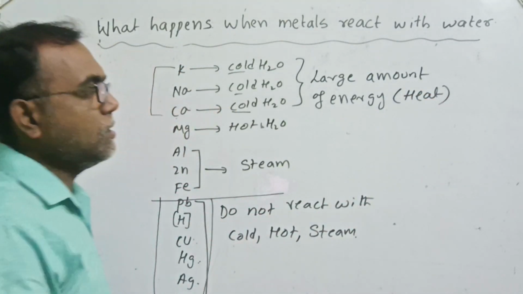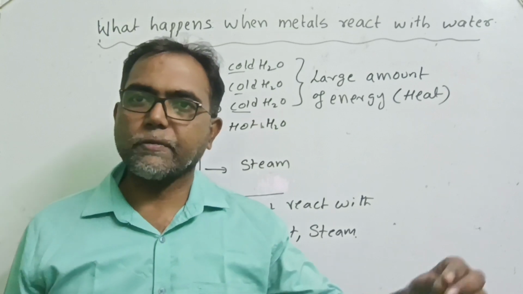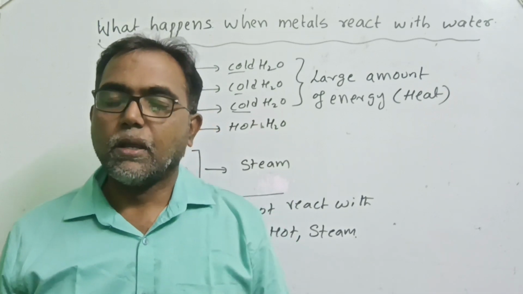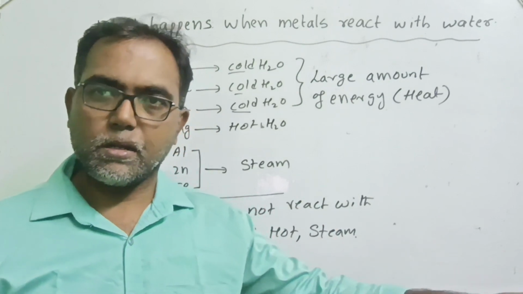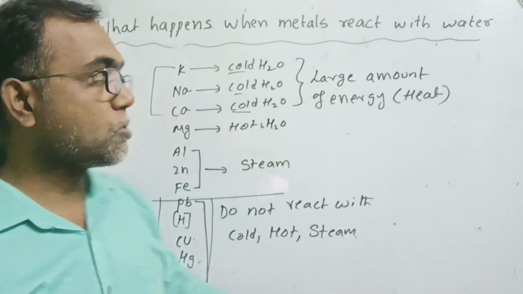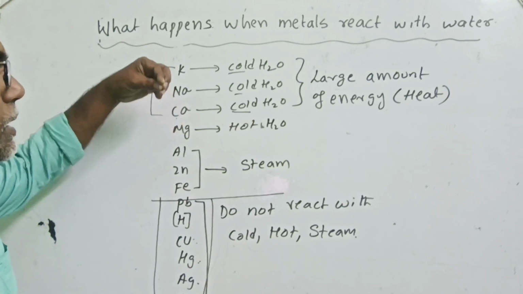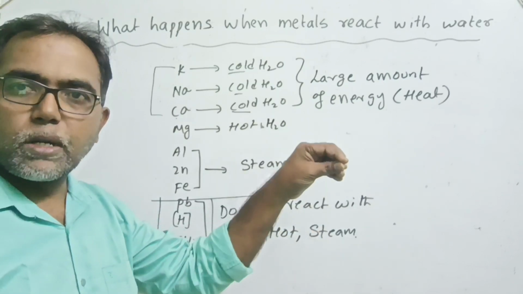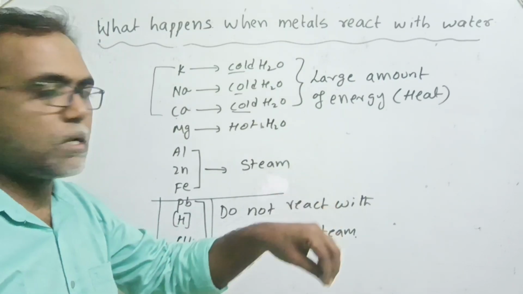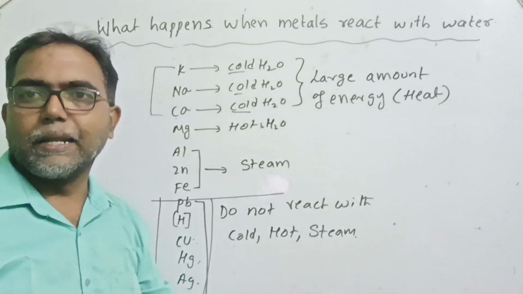So you can see that these reactions are exothermic reactions which release a large amount of heat. How much heat? It causes even an explosion. Even a small amount of potassium or sodium added to water causes an explosion. With cold water only it causes explosion. Imagine how vigorously they react with hot water and steam.